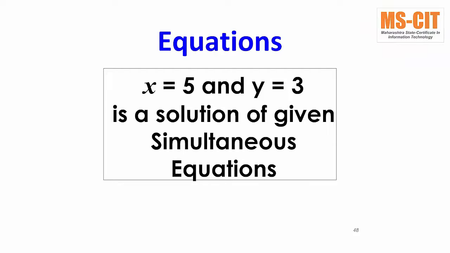Many students write the answer as solution set is equal to, in curly brackets 5 comma 3, but the correct answer given in the text is x equal to 5 and y is equal to 3 is a solution of the given simultaneous equations, means that the answer is in a statement, not in the solution set form. So observe how the answer of each type of sum is given in the text and start writing in that way only.